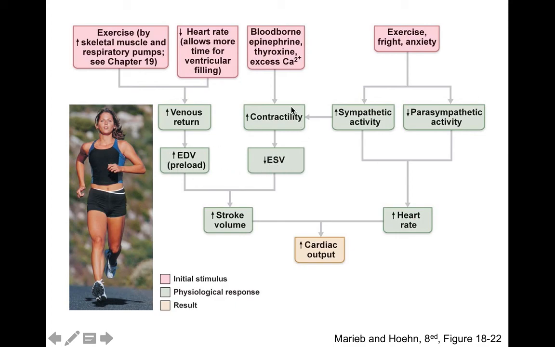End systolic volume is mainly modulated by contractility of the heart muscle, which can be modulated by hormones or the sympathetic nervous system as well. Contractility can be modulated to a smaller part by the parasympathetic nervous system as well, but that's of more minor importance. It's mainly the sympathetic nervous system that modulates contractility. End diastolic volume, or the preload, is mainly modulated by venous return, and venous return can be modulated by heart rate or by exercise.